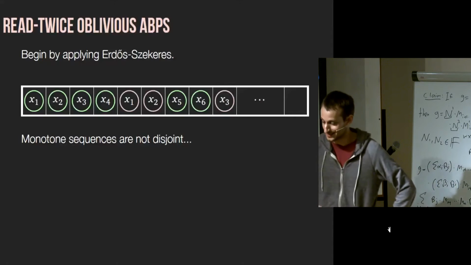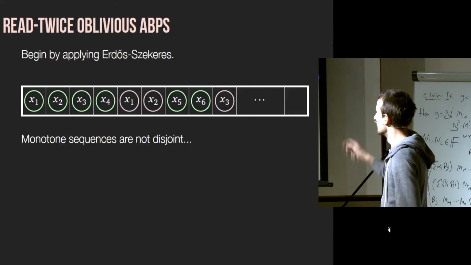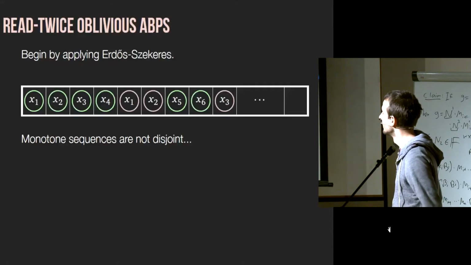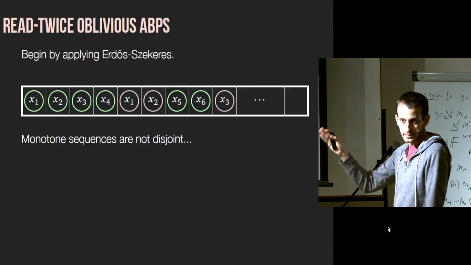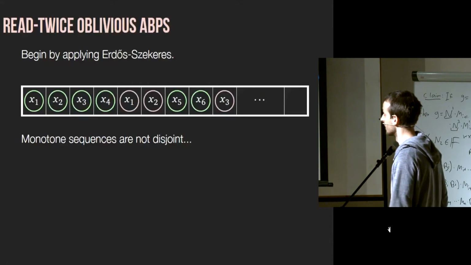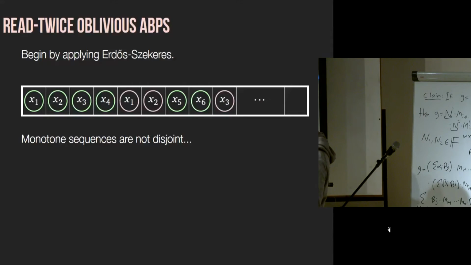So let's think of just what happens with read-twice, okay? The first thing that you can do is just apply Erdős–Szekeres. Let's assume you've done that. What can happen is you have this green sequence, which is monotone: x1, x2, x3, x4. But then you have x1 and x2, and then you move on to x1 and x6, and then you read x3, right?